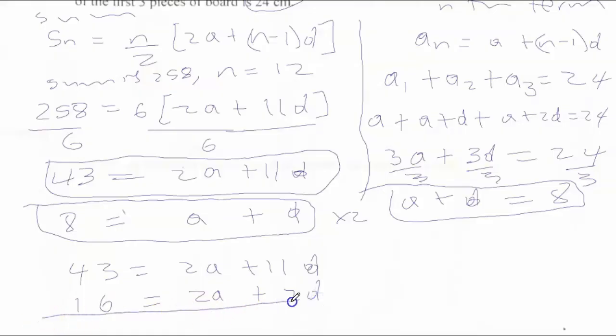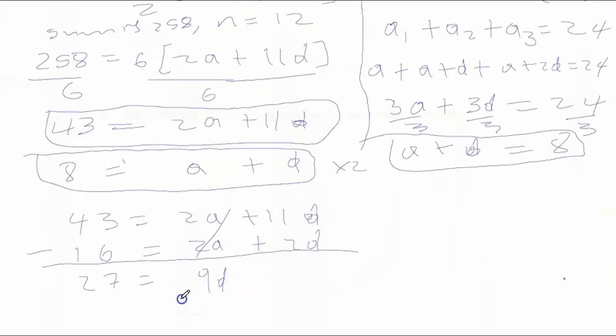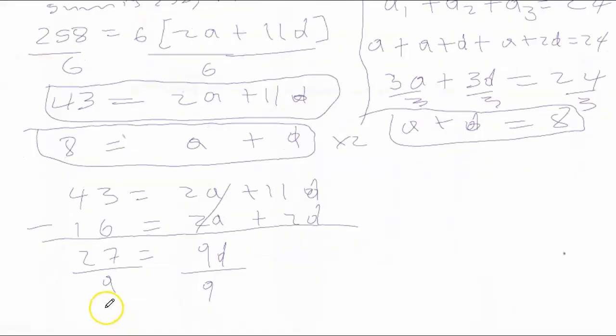If we subtract, 43 minus 16 is 27, 2a minus 2a leaves 0, and 11 minus 2 is 9d. If we divide both sides by 9, then d is equal to 27 divided by 9, that's positive 3. So d is equal to 3.